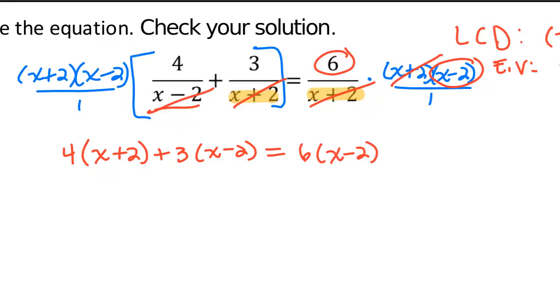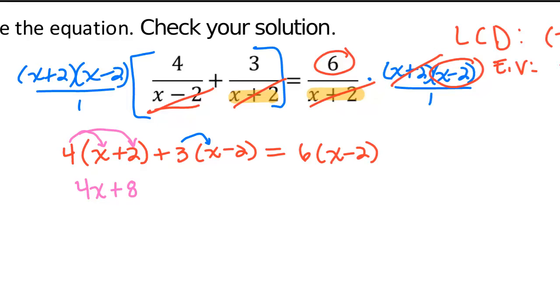Okay, so notice this time I have like 3 binomials with a number in front of it. So we have to distribute for all 3 of those, okay? So I'm going to take the 4 times the x and 4 times 2. So that gives us 4x plus 8. And then do the same with the 3.